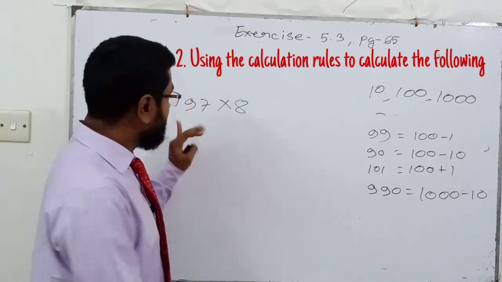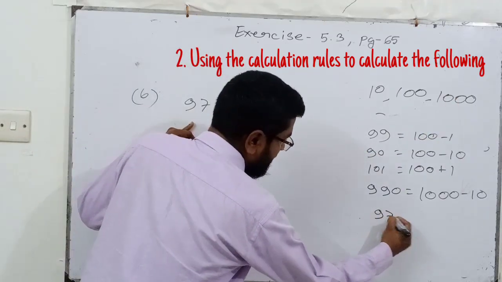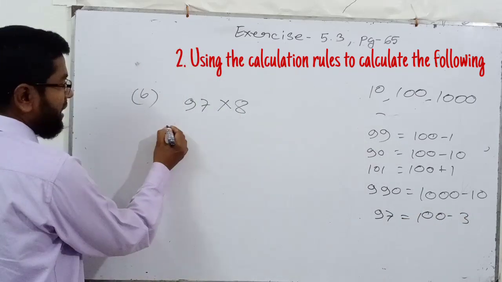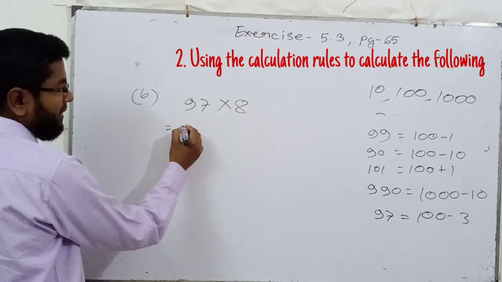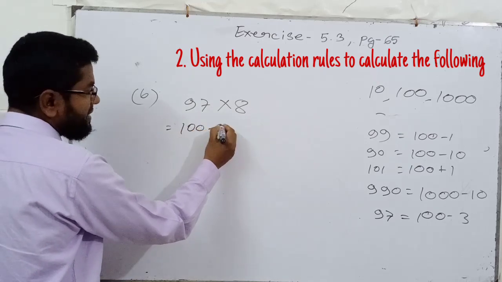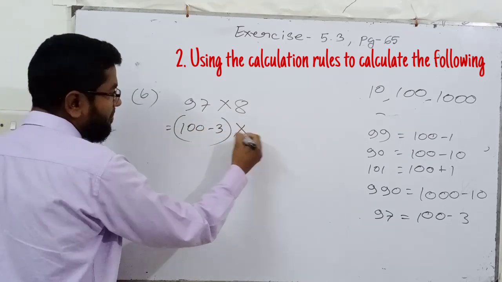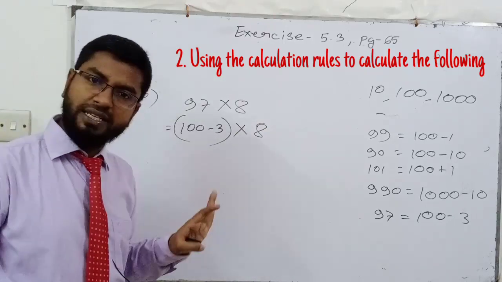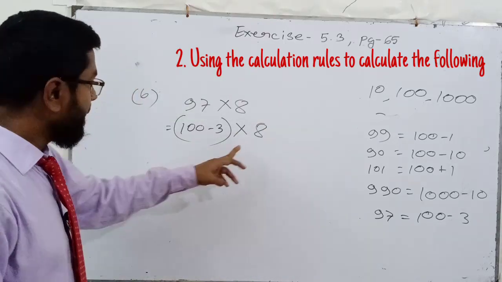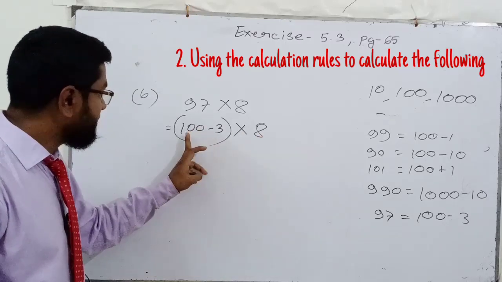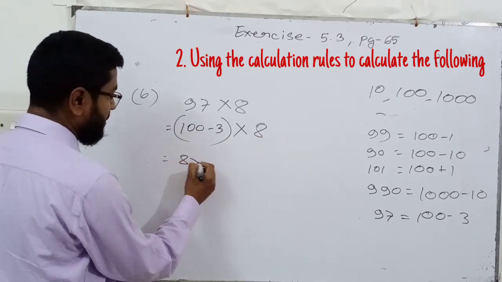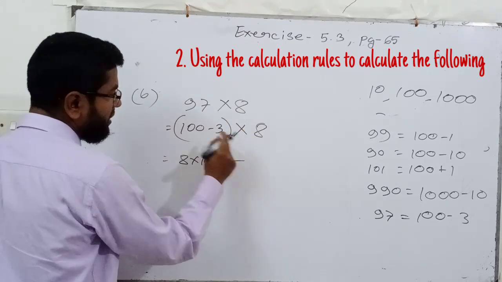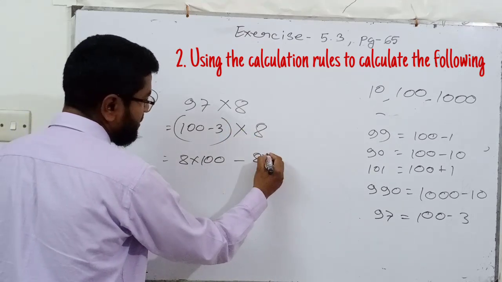So look, there is 97. Instead of 97 I can write 100 minus 3. I got 100 multiply 8. Now it is in bracket. We have to remember the rule: I will multiply 8 with 100, minus 8 with 3. 8 multiply 3 is 24.